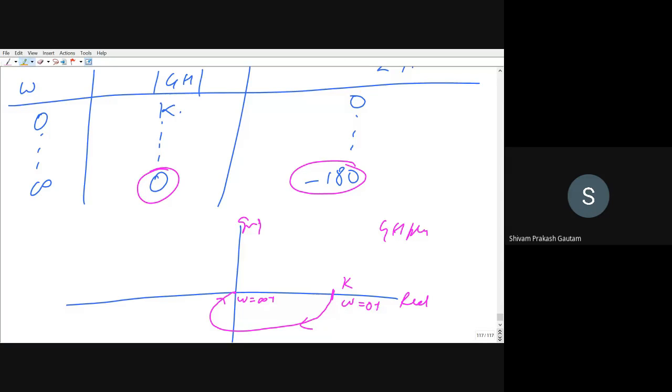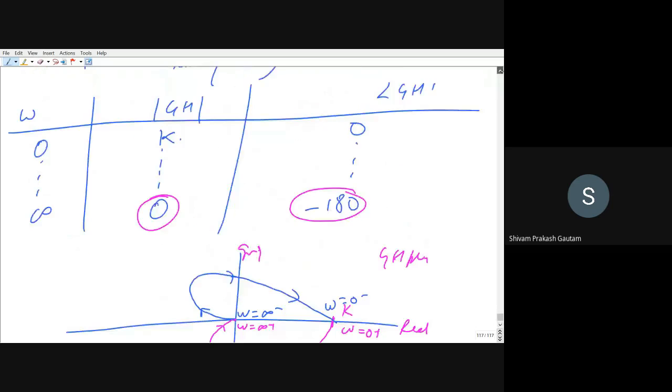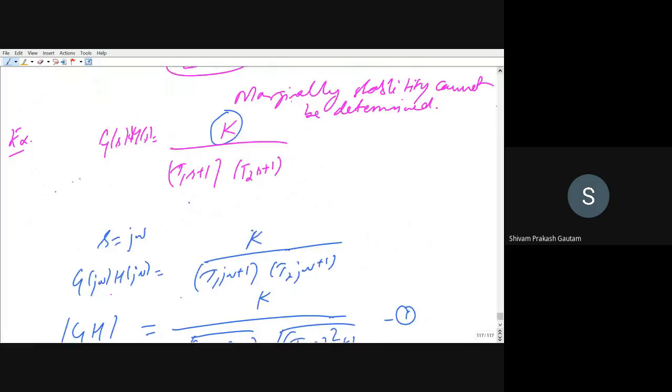Now draw the mirror image of this. Now, because if you want to draw the Nyquist plot, first you have to draw the Nyquist contour.